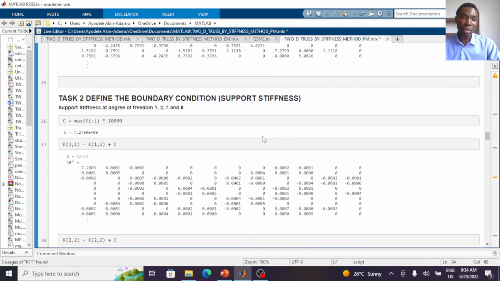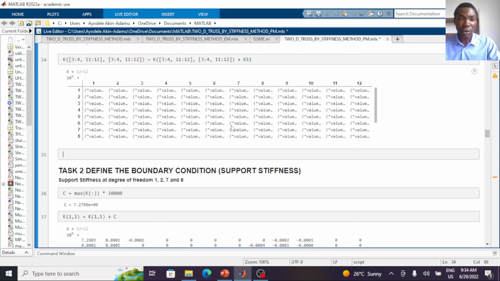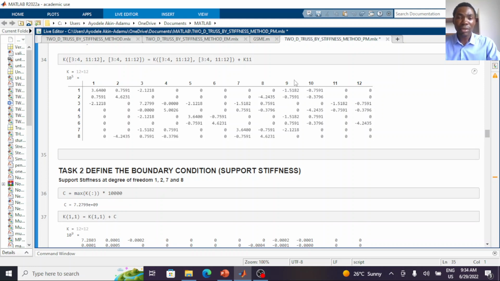So after we have done this, this is our global stiffness matrix. Now we need to apply our boundary condition, and to do that using the penalty approach, we need to add a large stiffness at the support degrees of freedom in the global stiffness matrix.